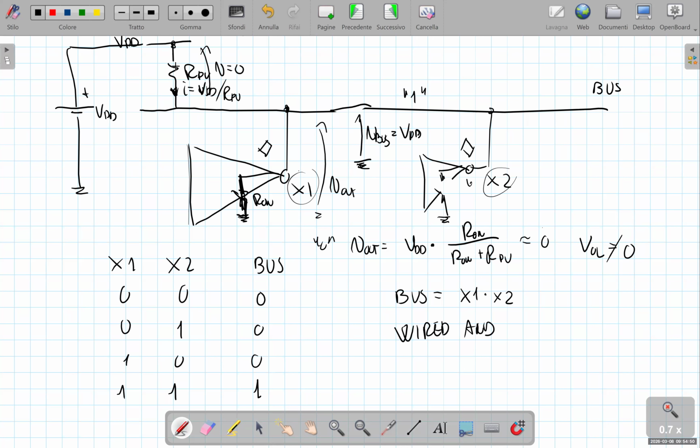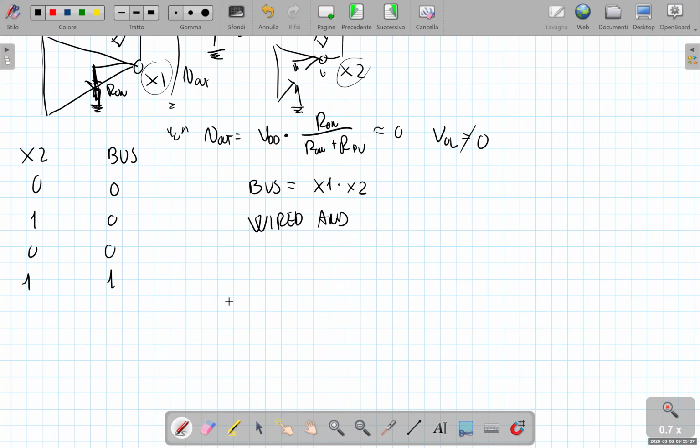But on the other hand, if we choose a pull-up resistance which is not very small, the effective resistance that this gate shows at the high logic level, the one which is not forced by the pull-down network but by the pull-up resistor, is much larger than R on.